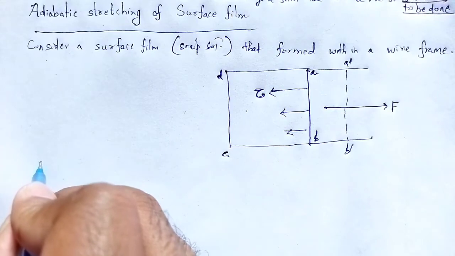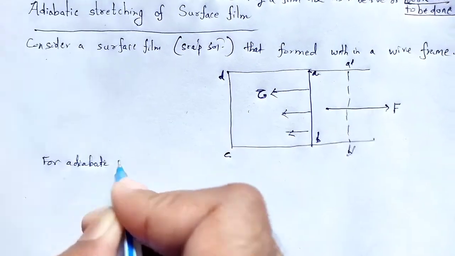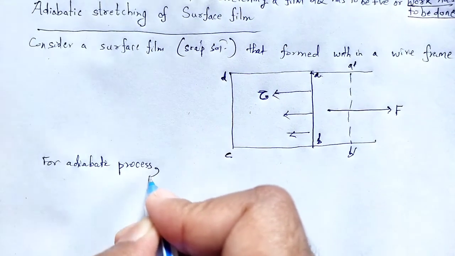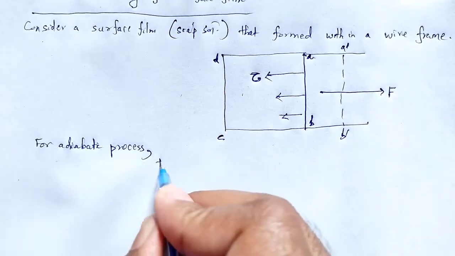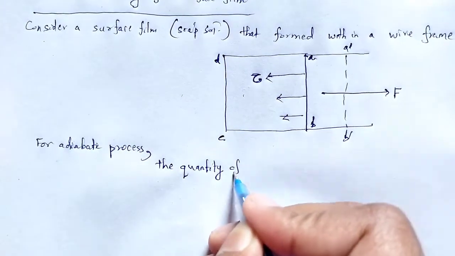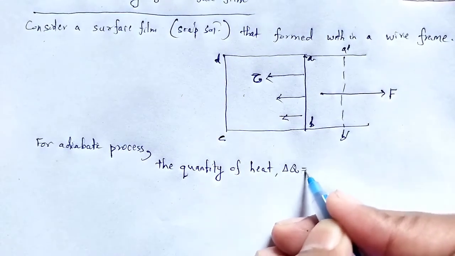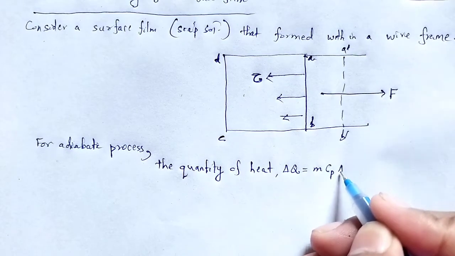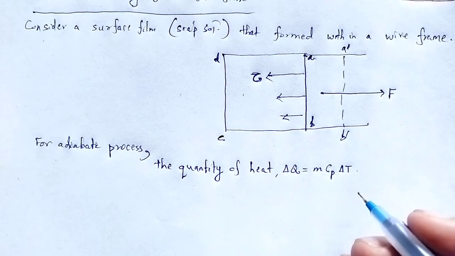For an adiabatic process, the quantity of heat, that is del Q, is expressed as m Cp del T, where Cp is the specific heat at constant pressure.